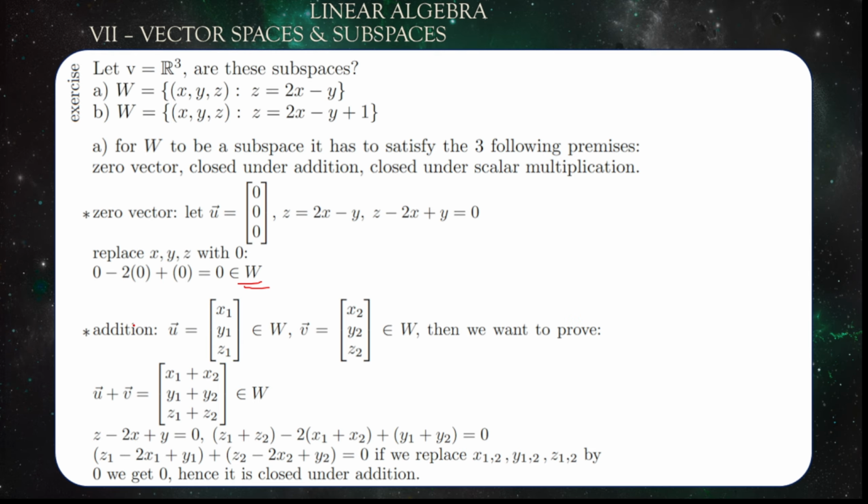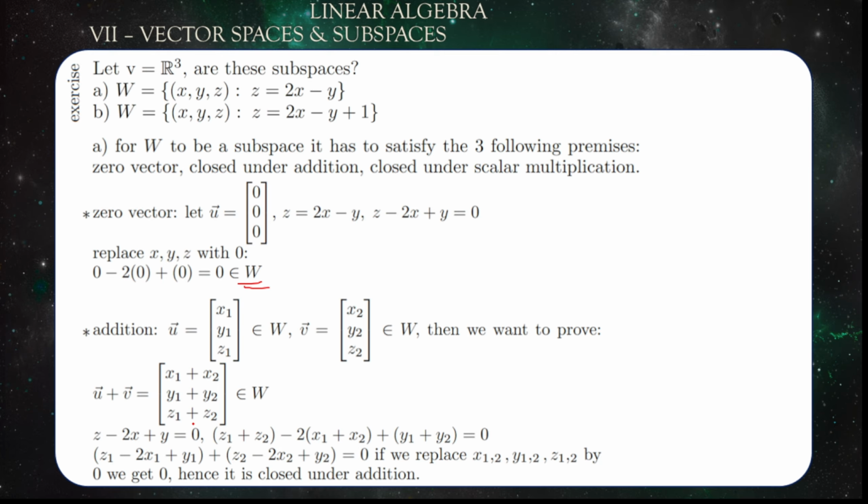Now, second condition, addition, which is U plus V. Let's say you have a U vector within W and a V vector also existing in W. U has the coordinates x1, y1, z1, and V has x2, y2, z2. Then we want to prove that U plus V is equal to (x1 plus x2, y1 plus y2, z1 plus z2).